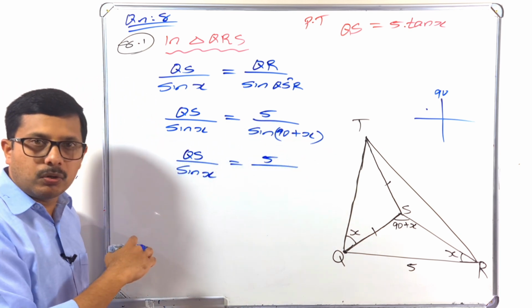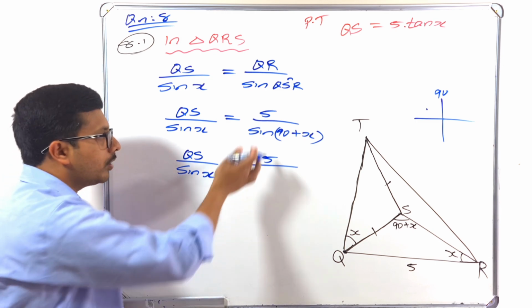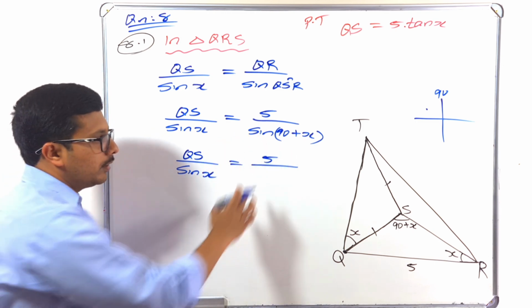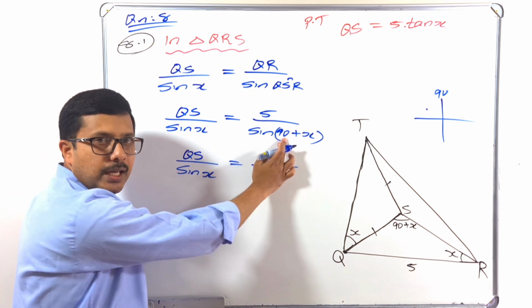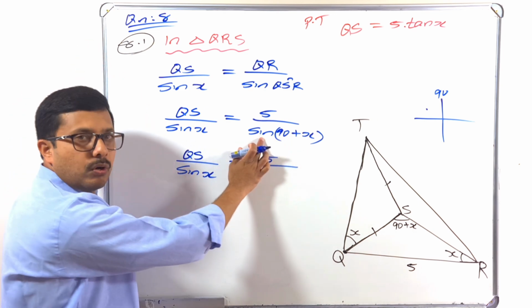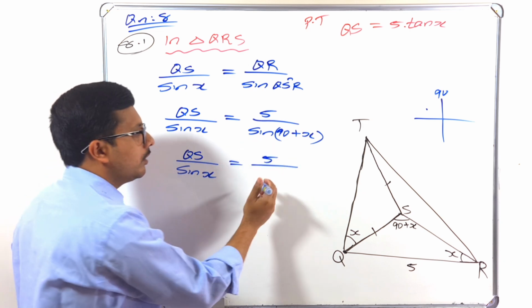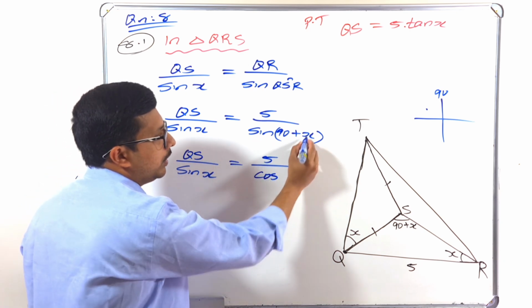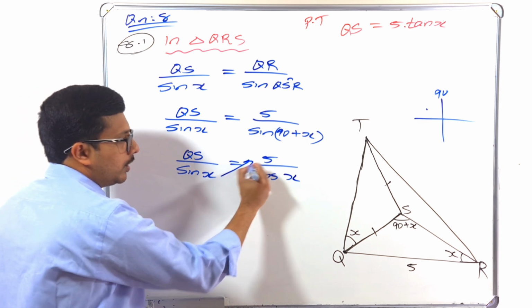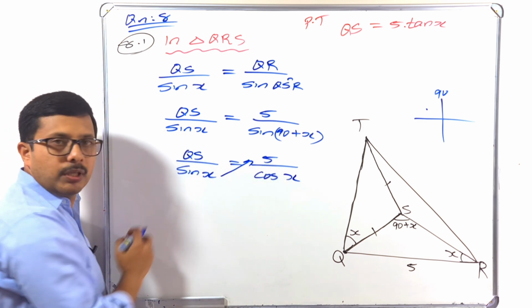So QS over sine x is equal to 5 divided by sine of 90 plus x, which is in the second quadrant. In the second quadrant sine is positive, so it is positive. But since it is based on the 90 or 270 vertical line, you have to change to its cofunction. What is the cofunction of sine? It is cos. Then you write that angle as cos x. Cross multiply: this sine x you multiply with 5.